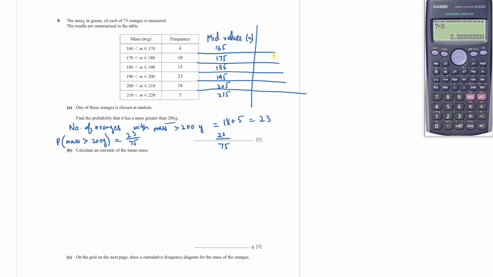And then you will find their product. So this will be fx, where frequency is f and x are the mid values.